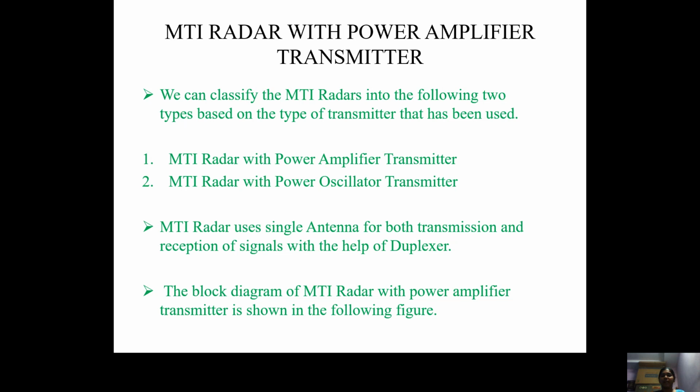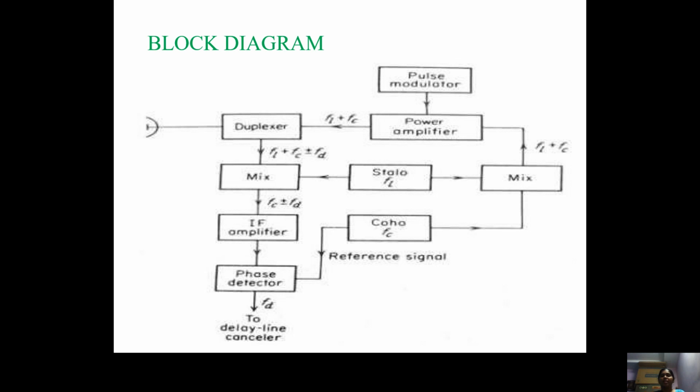Now in the next slide, we are going to see the block diagram of MTI radar with power amplifier transmitter. This is the block diagram with the transmitter section containing a power amplifier. If the transmitter section contains a power oscillator, then it is known as MTI radar with power oscillator transmitter.